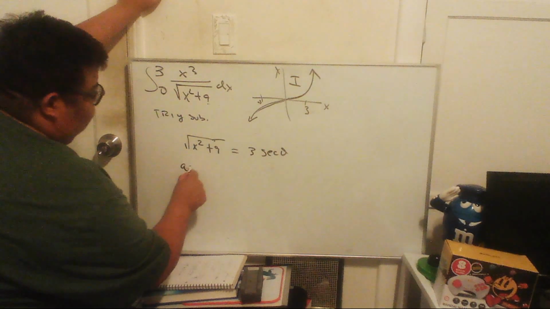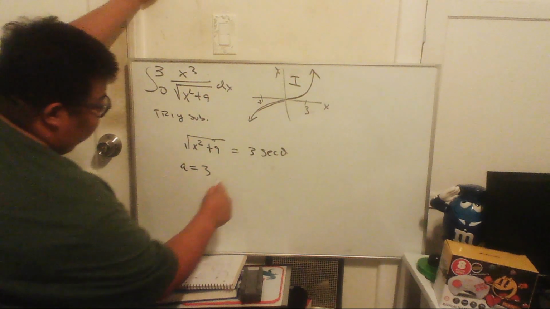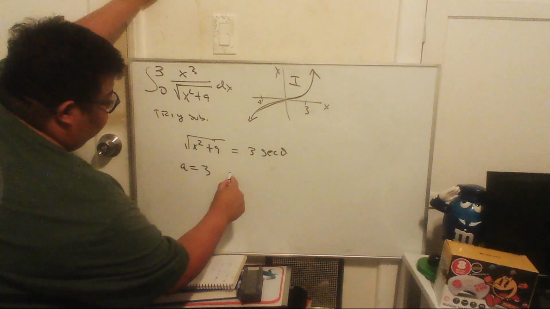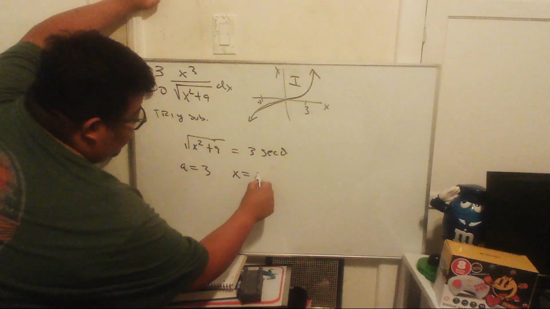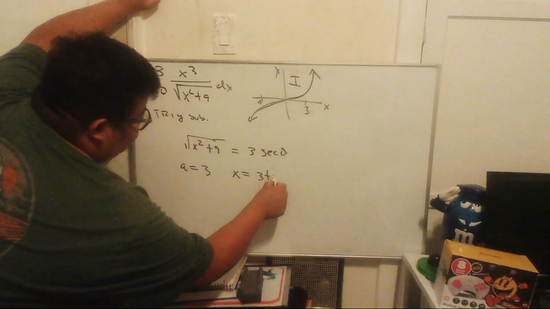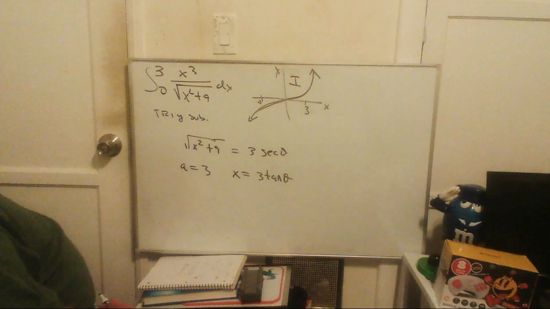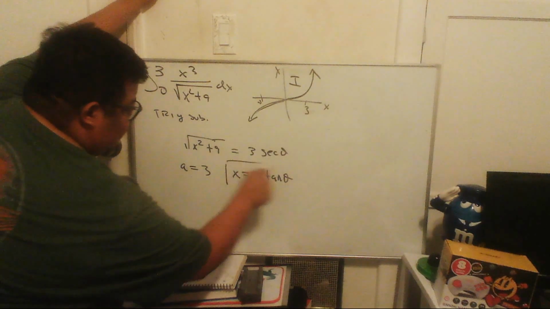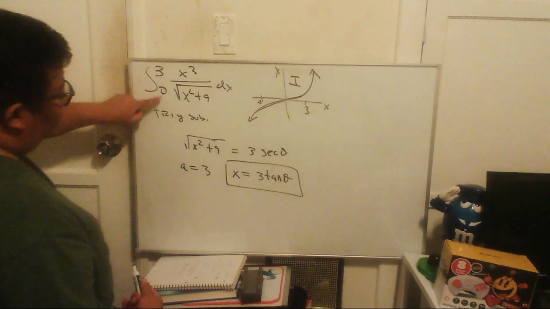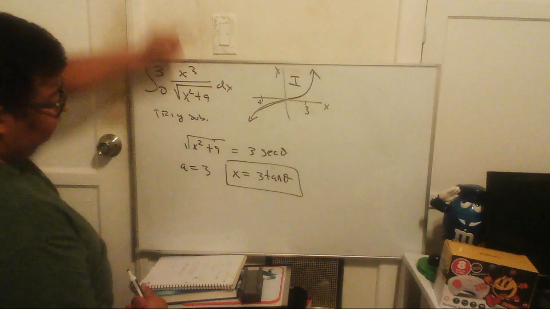Now a, as I said, is 3 because 3 squared is 9, and we also know that x is going to be equal to 3 tangent theta. From this equation here, we can obtain the new limits of integration in terms of theta.